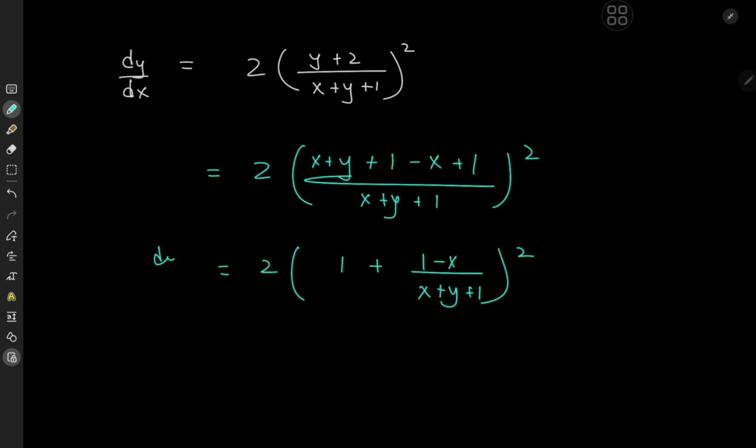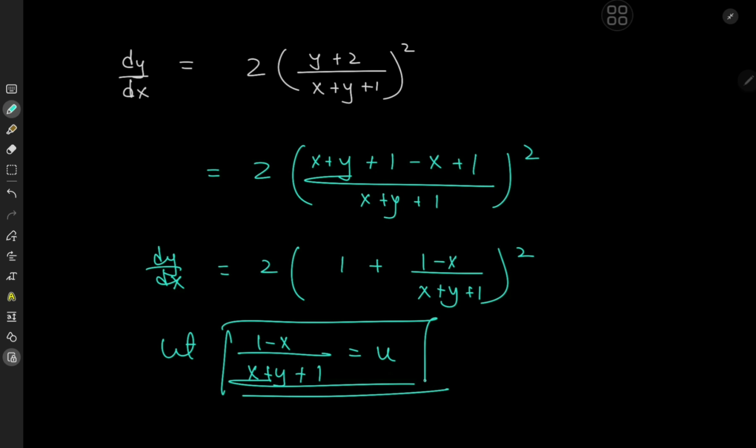So that's the derivative of y with respect to x so far, and now let's do something very strange. We're going to take the (1 - x)/(x + y + 1) term and set it equal to u. Okay, cool. So this implies that dy/dx equals 2 times (1 + u) whole thing squared.